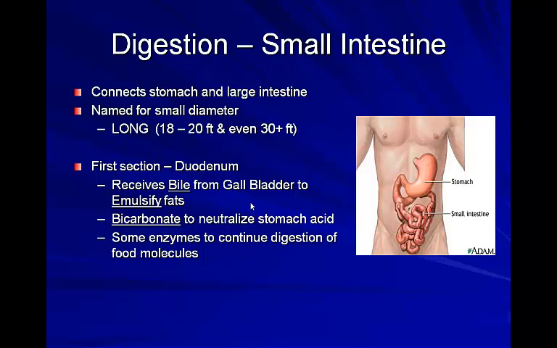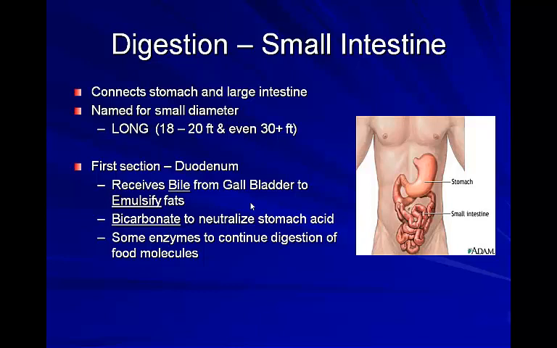Also, a substance called bicarbonate is dumped in there from the pancreas. That helps to neutralize the stomach acid. Bicarbonate is the same substance in your Rolaids or your Tums. When you take an antacid for indigestion, look at the label sometime, typically the active ingredient is sodium bicarbonate.